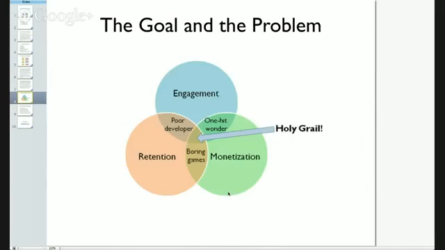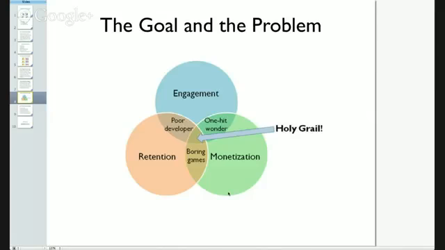And then you can have a one-hit wonder. A one-hit wonder is where you have good engagement, you have strong monetization, but people don't retain. They play for a week and then they quit.